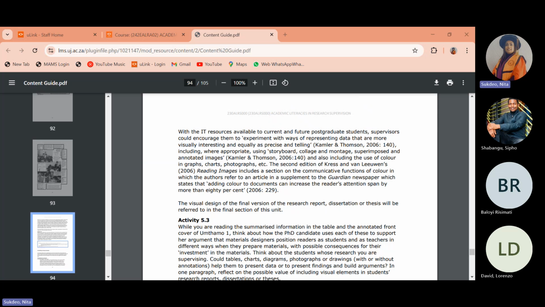Anything that you originally draw on your own, you put down the word author 2024, and you're referencing yourself. But again, don't take Google Images. There is a website that gives you permission to use specific images.